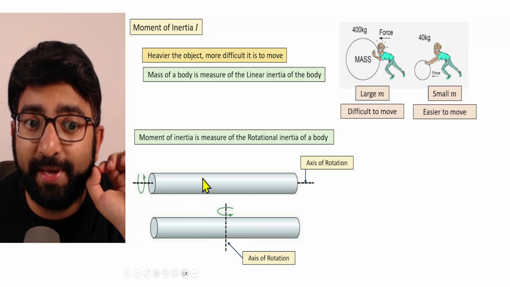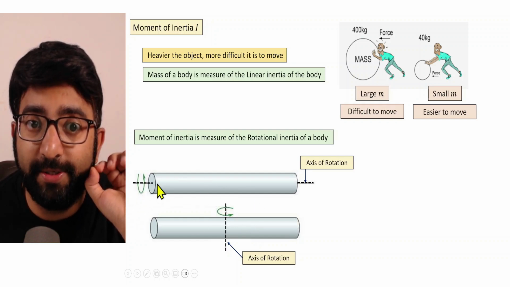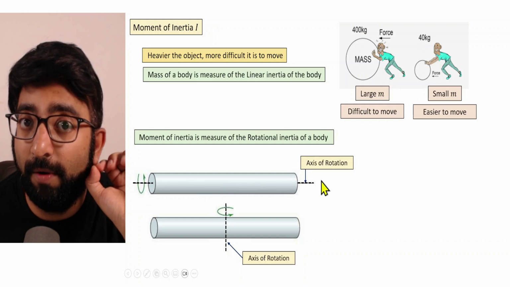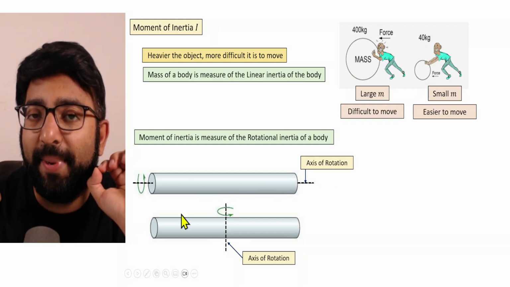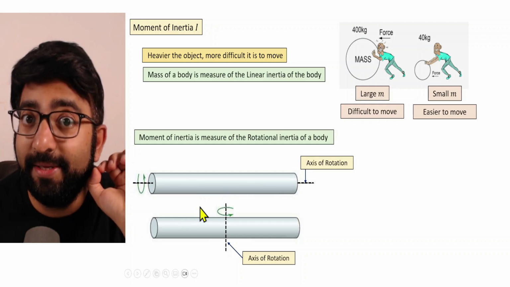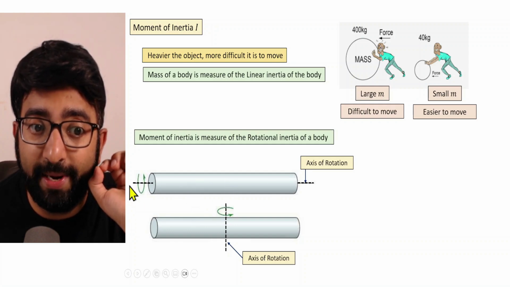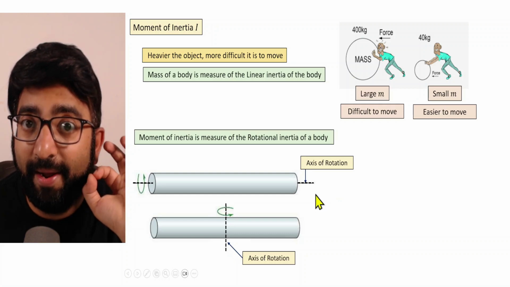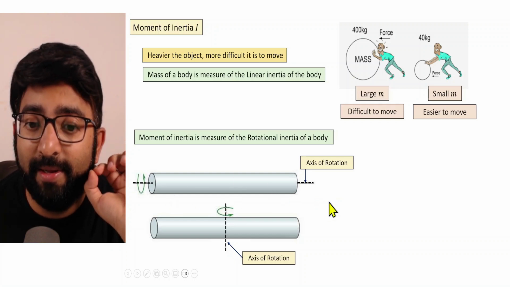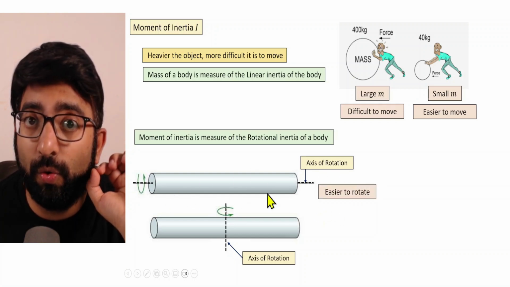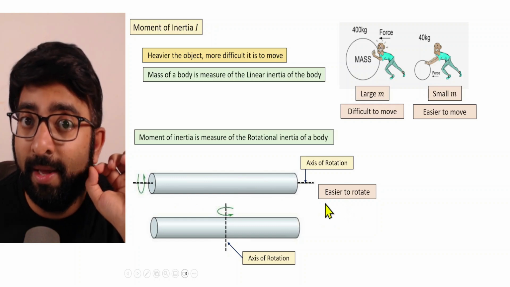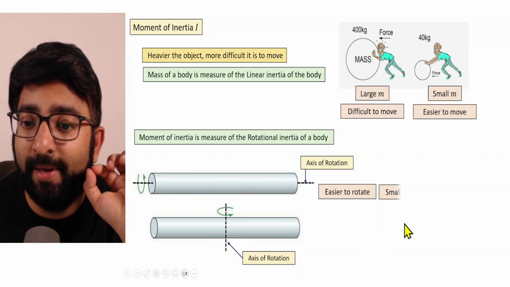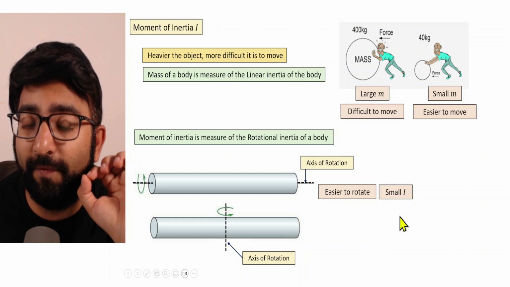Now, if you analyze case 1, when the axis of rotation is passing through the entire body of the cylinder, just use some basic practical knowledge. It is easier for the cylinder to rotate if the axis of rotation is as shown in this figure. And hence, in this case, let us state that it is easier for us to rotate the cylinder in this orientation. And since it is easier to rotate, it has a smaller moment of inertia.